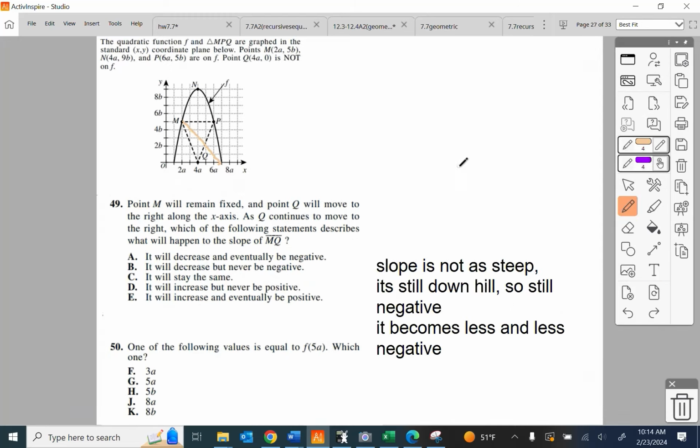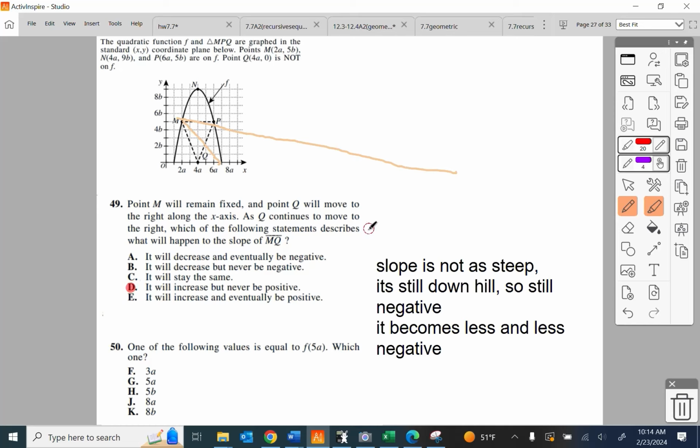Now, even if you put that point way over here, it's still negative. It doesn't matter where that point goes. So the slope is slowly increasing, but it will never be positive.